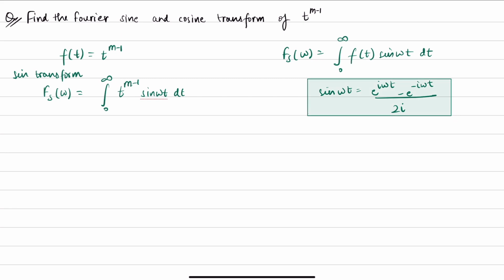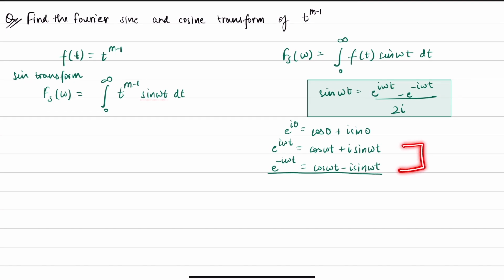This is a very important formula. Let us quickly see how it came. How can e^(iθ) be written? cos θ + i sin θ. Similarly, e^(iωt) can be written as cos ωt + i sin ωt, and e^(-iωt) can be written as cos ωt - i sin ωt. Now we have to subtract these both.